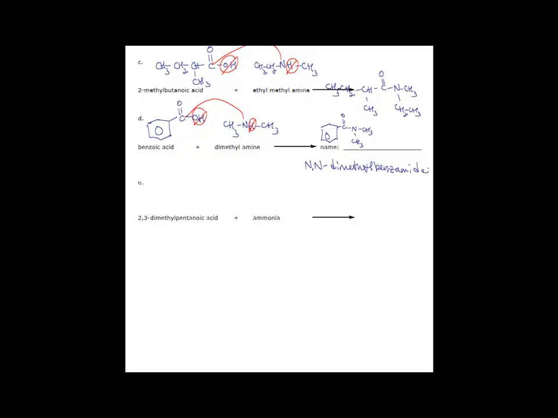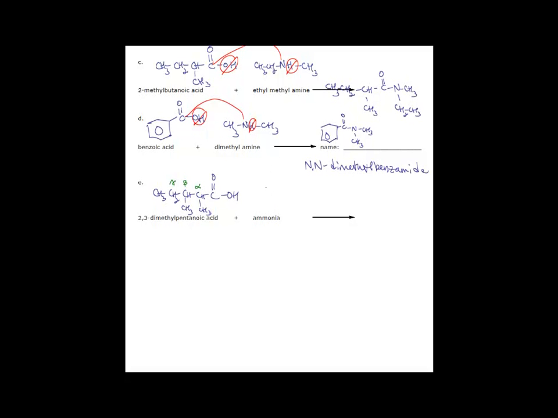And the last structure, 2,3-dimethylpentanoic acid. So 5 carbon parent. Functional group would be carboxylic acid. And then off the alpha, remember alpha, beta, gamma, the alpha and beta carbons, you have methyls. And fill in your hydrogens. Okay, and then ammonia.